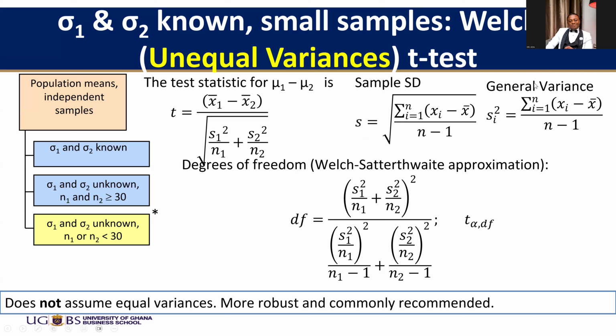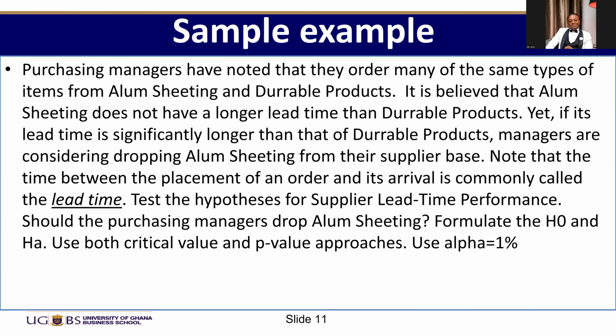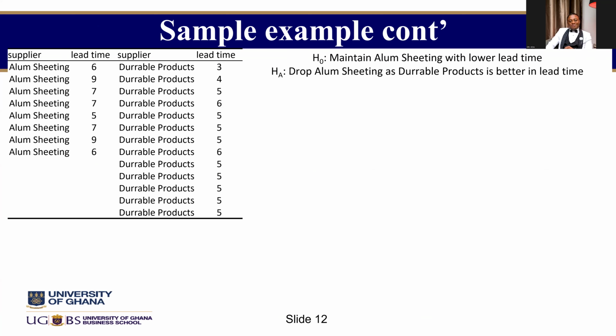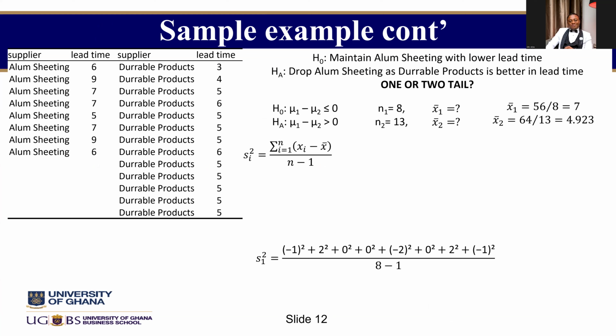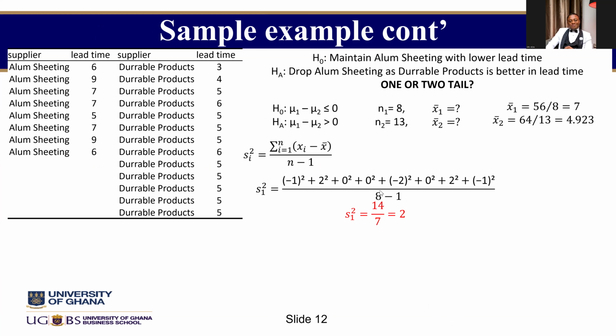Yeah, I made a typo here. Okay, I was calculating the variance. So you get this. You square them to clear the minuses. Then that will give you a sample variance of 14/7, which eventually gives you 2.